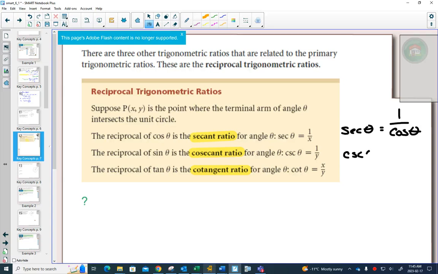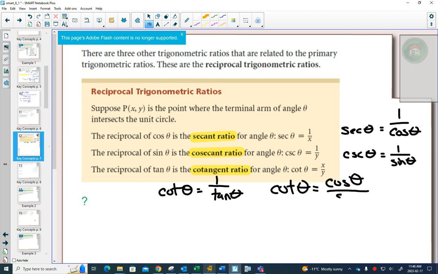Beside cosecant, write 1 over sine theta, and with cotangent, write 1 over tangent, but because tangent is sine theta over cos theta, we can use that big idea to also say that cotangent is cos theta over sine theta. And these are our reciprocal trig functions.